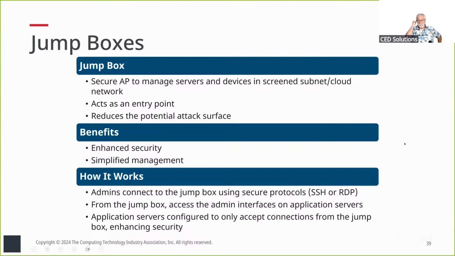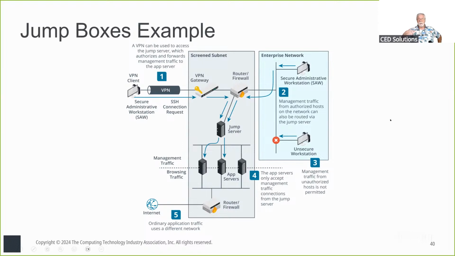But this gives me that jump server management capability, albeit in an isolated, or screened subnet, area of the network. Here's a pretty good example of the jump servers in the extranet, or the DMZ, as it were. Internet access, or dial-up access, or the out-of-band kind of access.